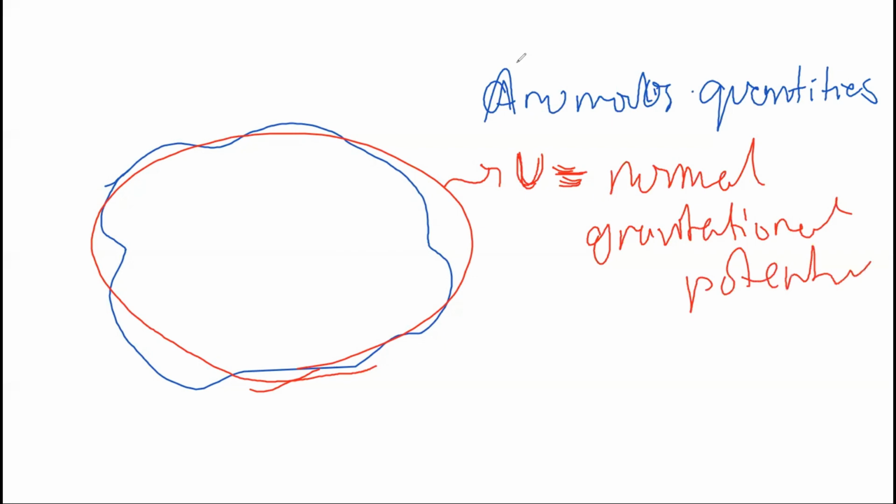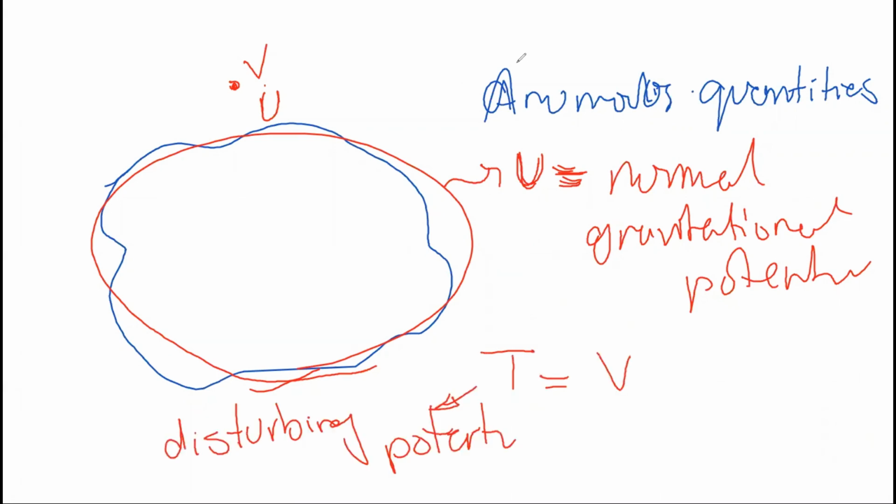So, therefore, for each point outside, we can define two potentials. One is the real potential, one is the normal gravitational potential. I define a new quantity which is called disturbing potential. It is in fact the true potential minus the normal potential. That's called disturbing potential.